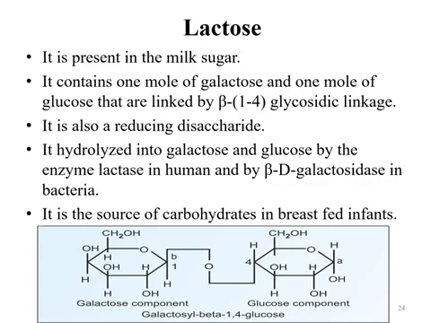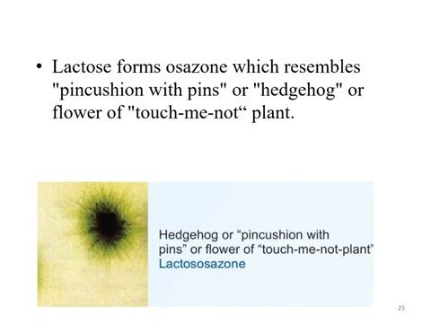Here's the structure you can see in this picture as well, in which one molecule of galactose is combined with one molecule of glucose by beta-1,4 glycosidic linkage. Lactose forms osazones, which resemble a pincushion with pins, or a hedgehog, or the flower of the touch-me-not plant.